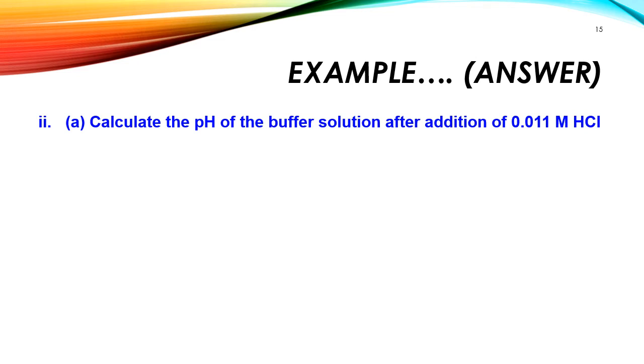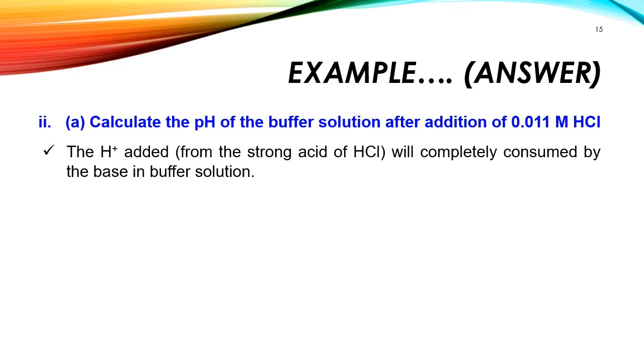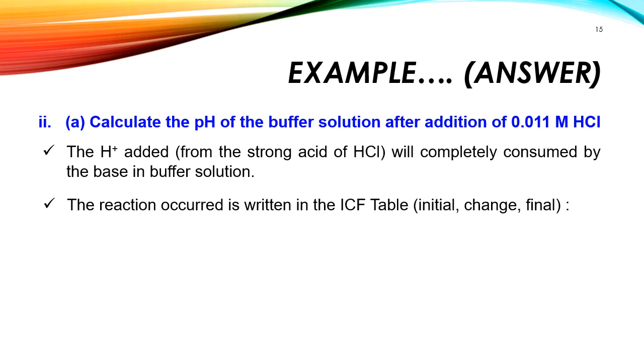Now, let's calculate the pH when a small amount of a strong acid is added to the basic buffer solution. When 0.011 molar of hydrochloric acid is added, the H+ ion will be completely consumed by the base in the buffer solution. The reaction can be written in the ICF table.